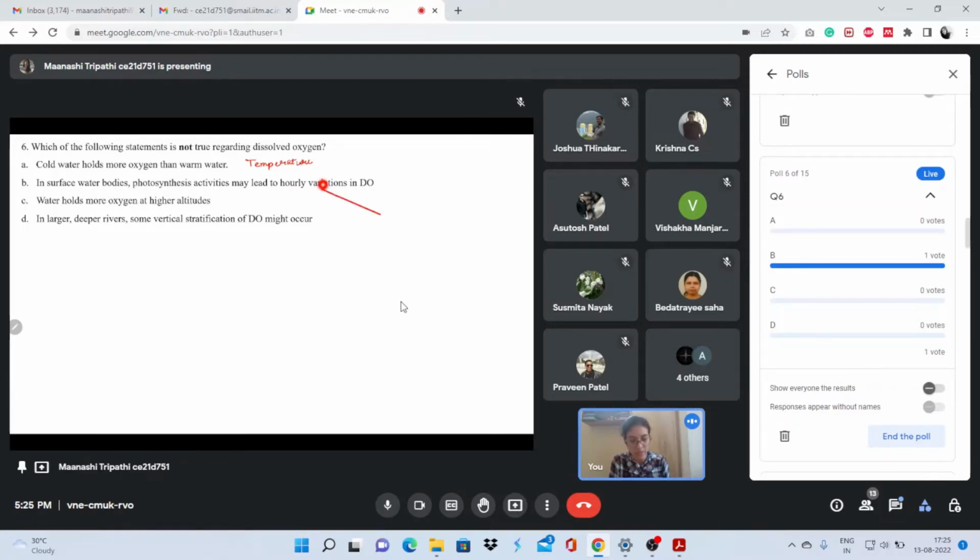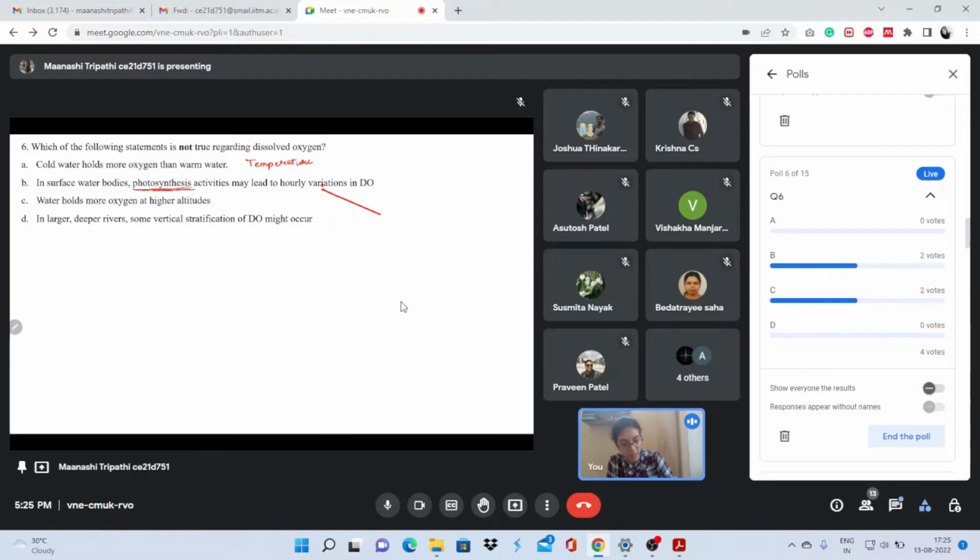B. In surface water bodies, photosynthesis activities may lead to variations in DO. Photosynthesis, I just told you, is a process of dissolved oxygen release. They generate oxygen.